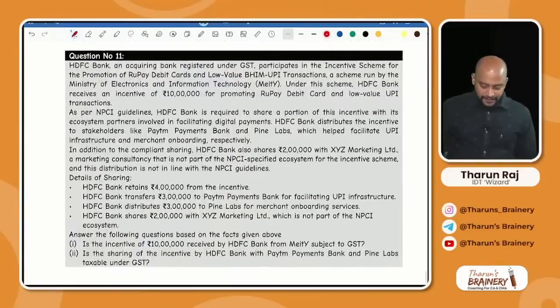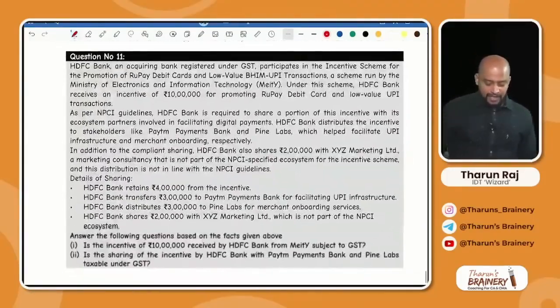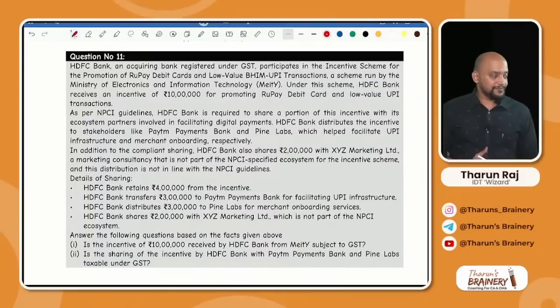Question number 11, page number 55. HDFC Bank, an acquiring bank registered under GST, participates in the incentive scheme for the promotion of RuPay debit cards and low value BHIM UPI transactions, a scheme run by Ministry of Information Technology and Electronics.